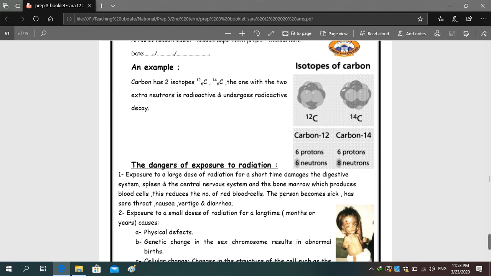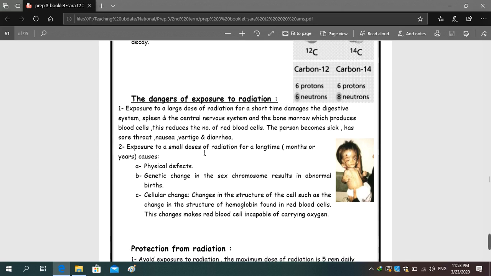The dangers of exposure to radiation. There are two types of exposure. Exposure to large doses of radiation for a short time, which damages the digestive system, spleen, and the central nervous system. Also damages the bone marrow, which produces blood cells.